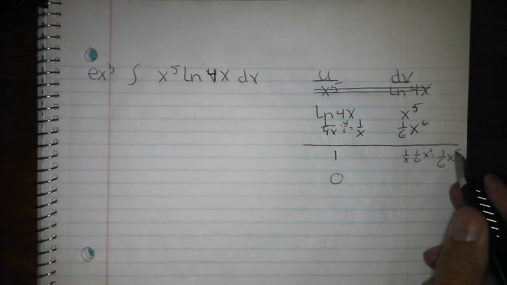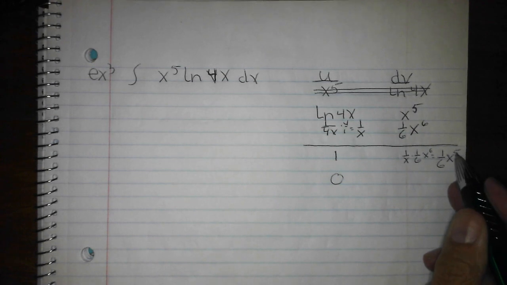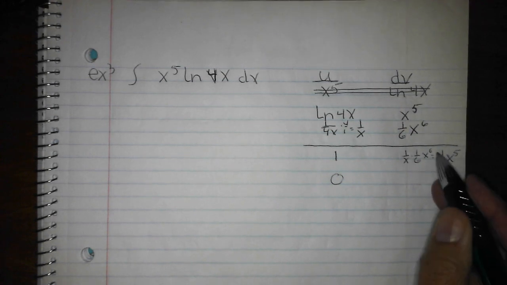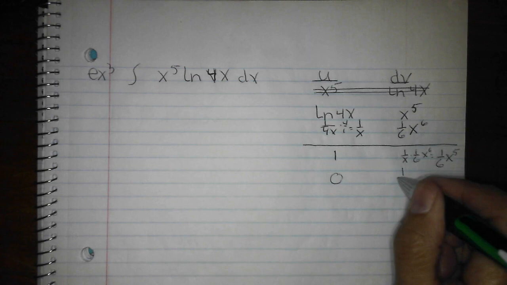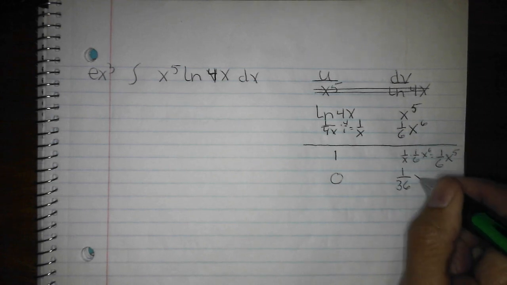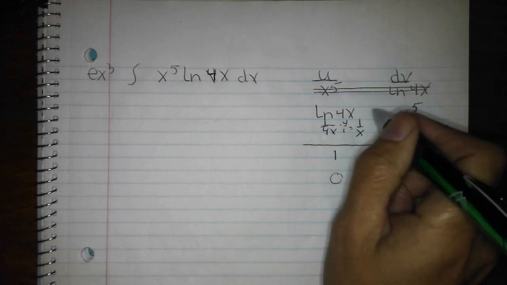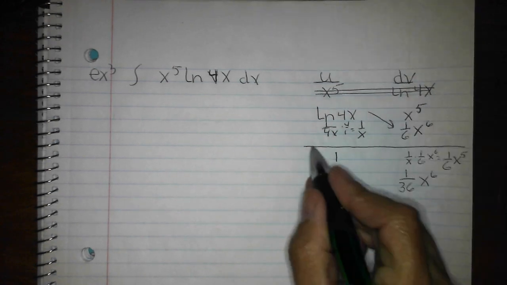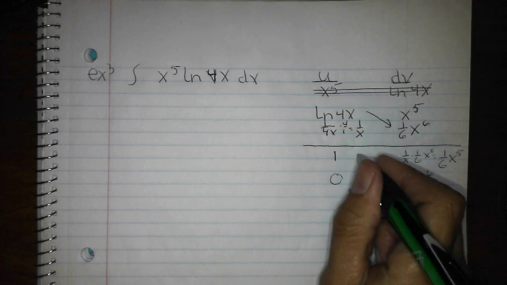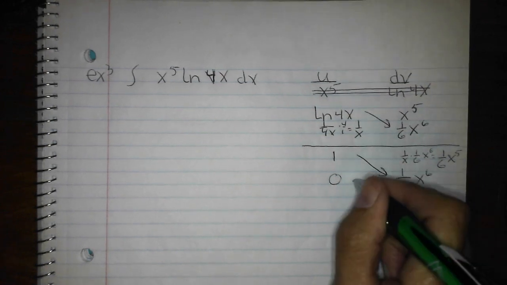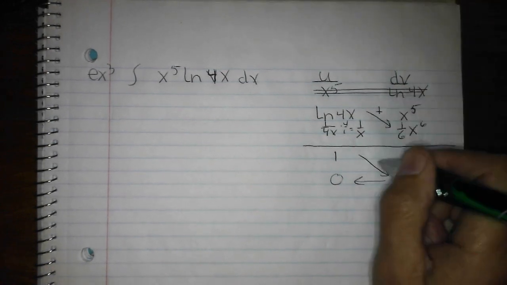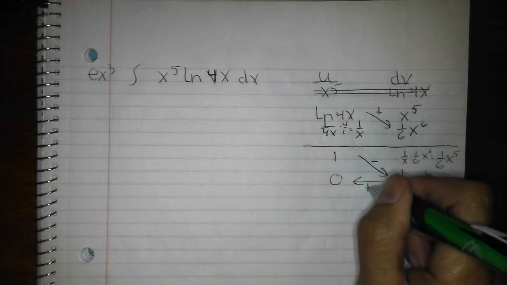Over here, add 1, times by reciprocal. So add 1 and get 6 times 1. I'm going to have 1/36 x to the 6th. And the 0 there tells me I'm done. So I got diagonal. Never draw the diagonal across the reassociate line. So positive, negative, positive.